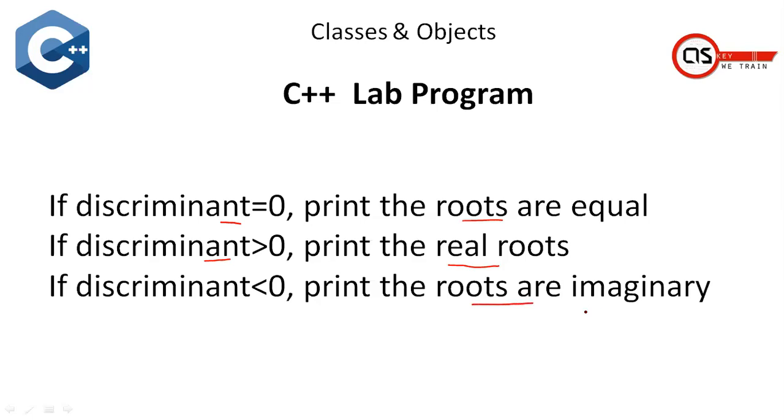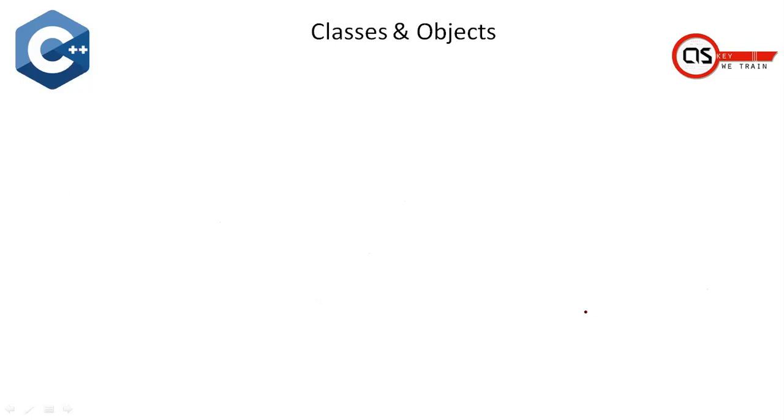Before I go to the program part, let me explain the logic behind this program. First and foremost, we are supposed to read A, B and C, where A, B and C are the coefficients. This entire program is based on the quadratic equation.